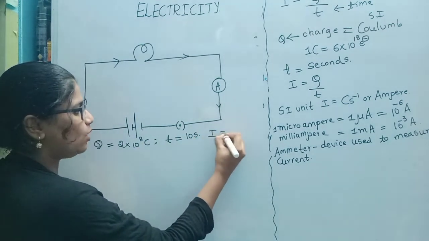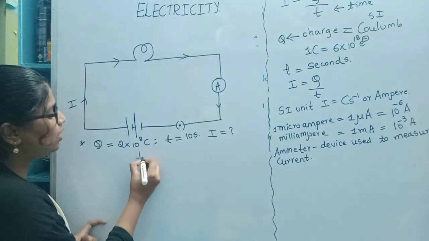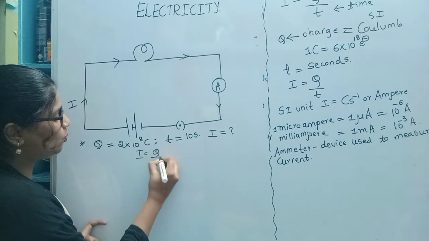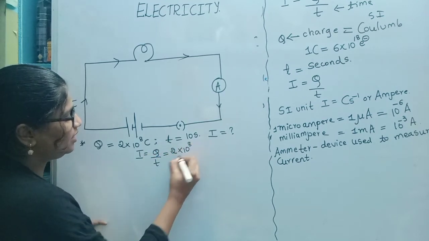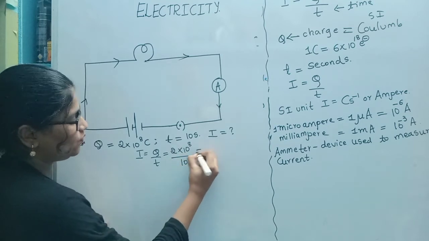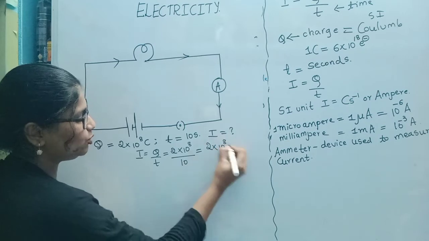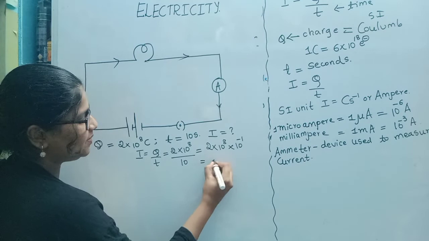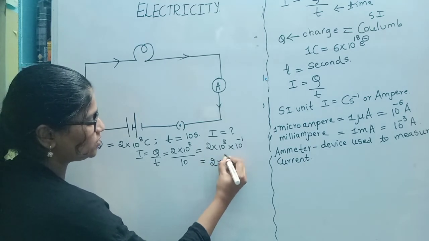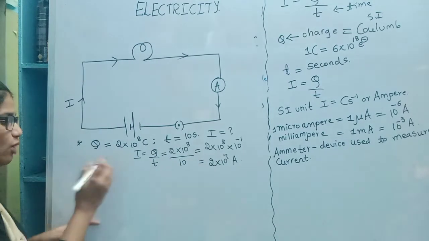What is I, or what is the rate of flow of charge? I is equal to Q by T, that is 2 into 10 raised to 8 divided by 10. Taking the 10 to the numerator, it becomes 10 raised to minus 1, so it becomes 2 into 10 raised to 7 ampere. This is the flow of current.